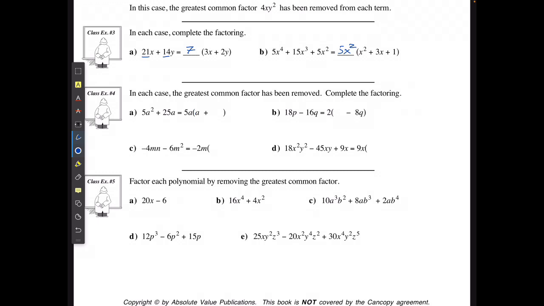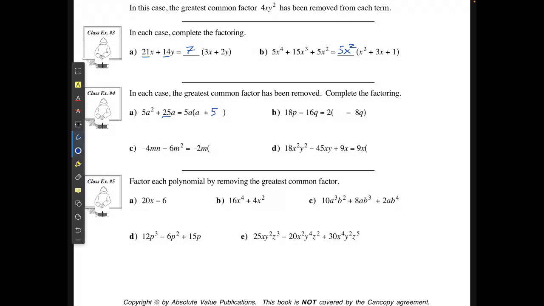And I had 2 a's, I took away one of the a's, so I'm left with just the 1a left over. In the second one, 25 divided by 5 leaves me with 5, and I took away the only a I had, which means that this is just going to be 5a and a plus 5.